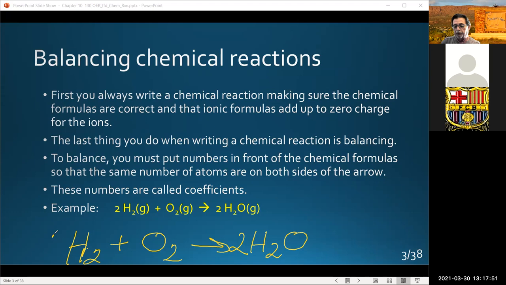So what we do is we put a 2 in front of hydrogen. Now we have four hydrogens as reactants, 4 hydrogens as products, 2 oxygens as reactants, and 2 oxygens as products, in different forms, mind you, but it's still oxygen.